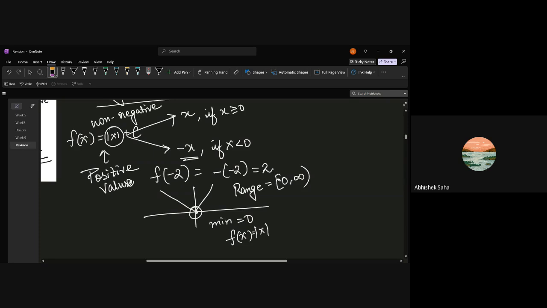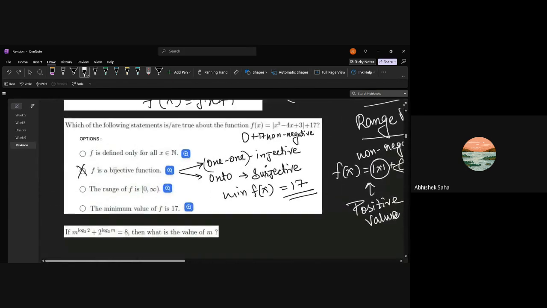So the minimum value will change from 0 to c, whatever constant you are adding, positive or negative. If I add plus 1 here, the range will go from 1 to infinity. So that's how we get the range of that function.